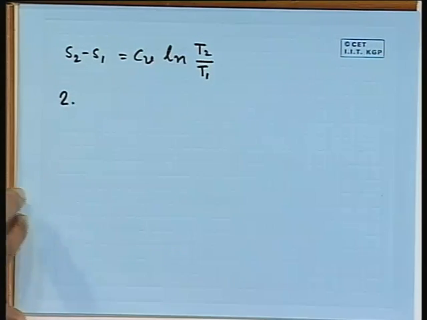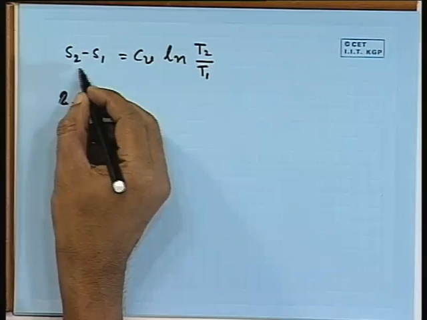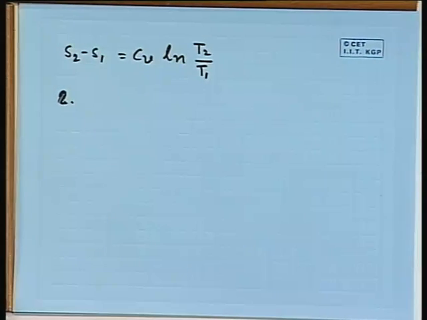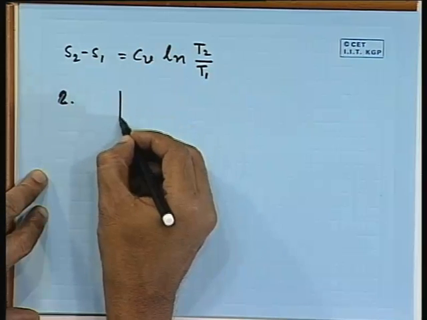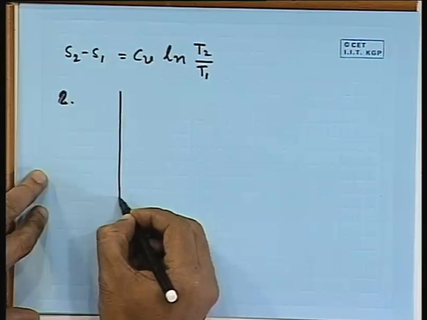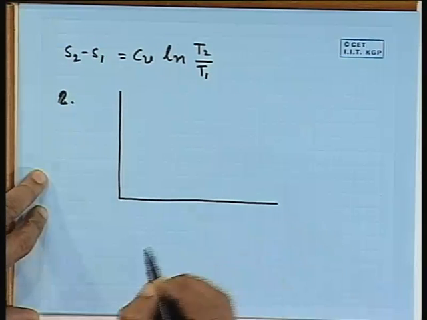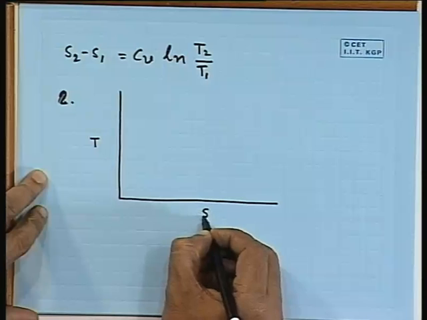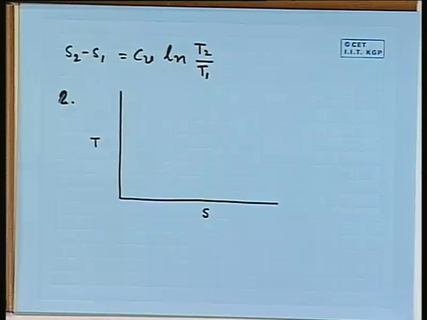Well, before doing that, if we know this is the change in entropy S2 minus S1, how can we plot the process on a TS plane? So, this is your T and this is your S, TS plane. How will this process look on the TS plane?